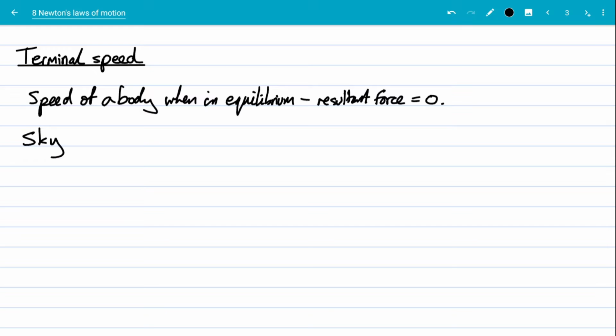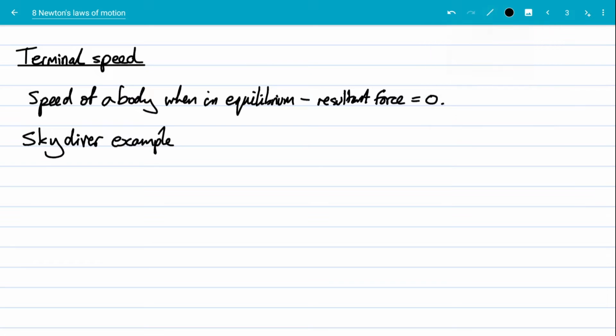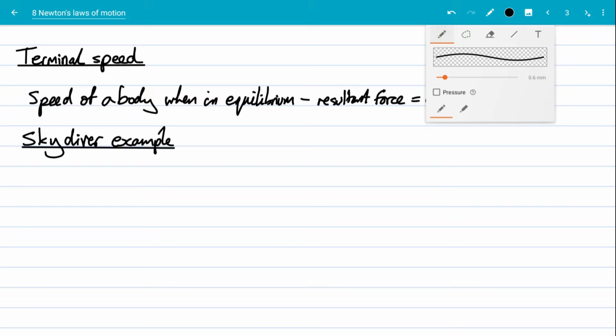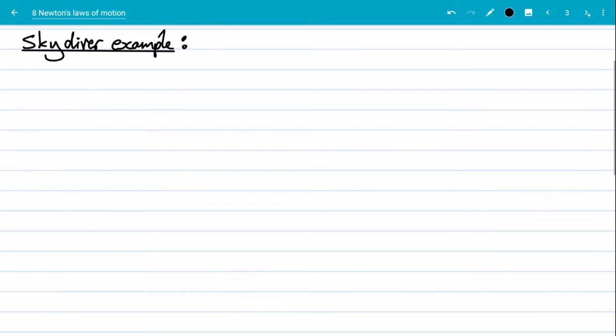So, skydiver example. And let's put a little underline there because it's a little subtitle or something. Right, skydiver example. So we've got, let's draw a graph. I'm going to draw a graph of velocity versus, I'm going to do speed.